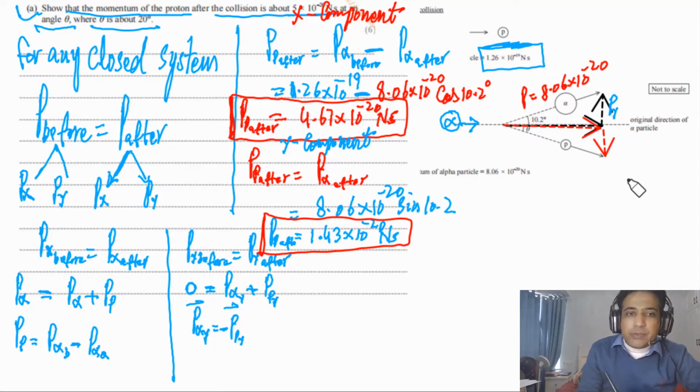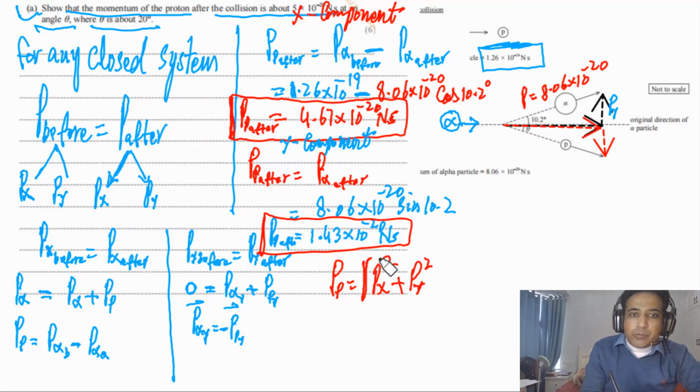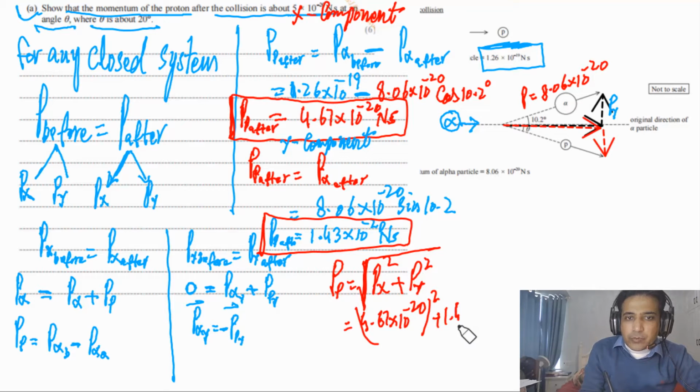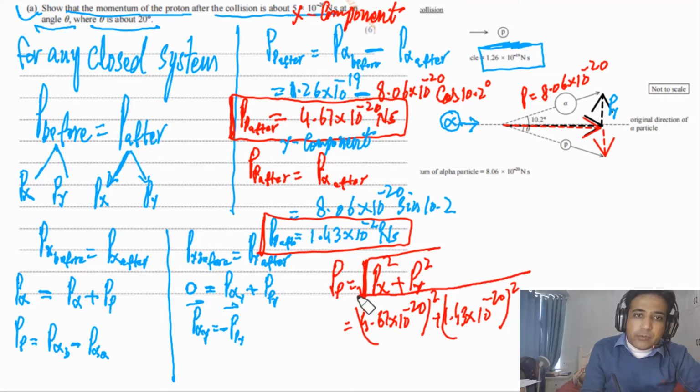We need to calculate this one. So momentum of proton will be equal to the square root of px squared plus py squared. The x component is 4.67 times 10 to minus 20, squared, plus 1.43 times 10 to minus 20, squared.